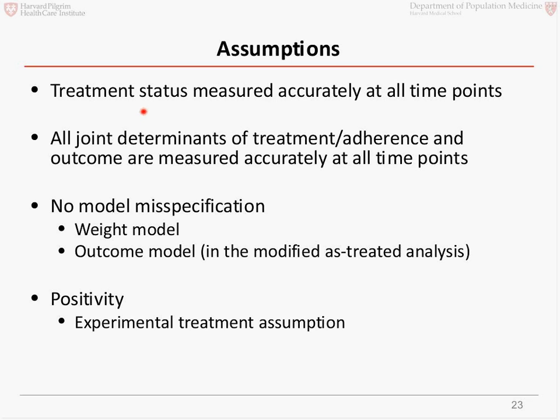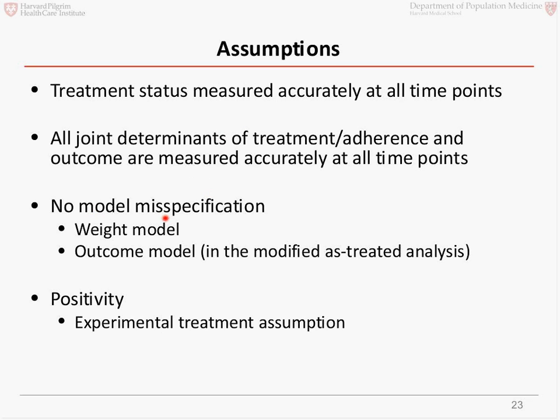Sometimes the granularity of information might not be good enough for us to determine when patients stop their medication or when patients initiate other medications. And we need to have all the information on the time-dependent confounders as well as the baseline confounders. Again, this is an assumption that we sometimes have to make in our analysis.